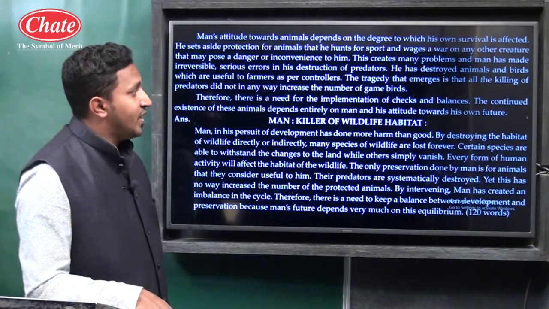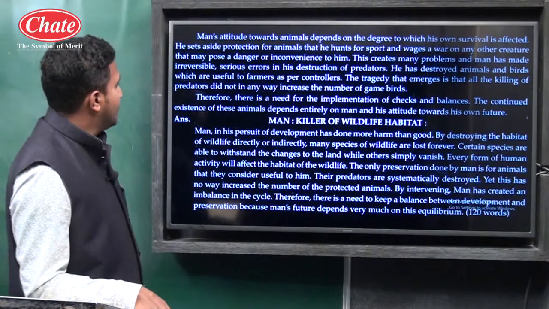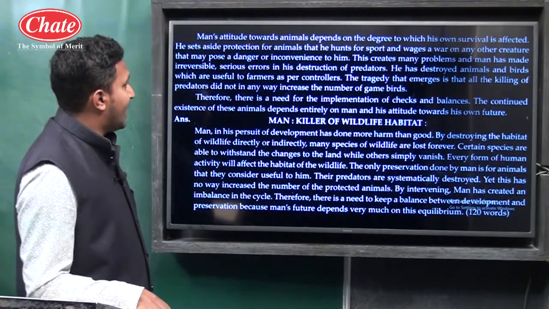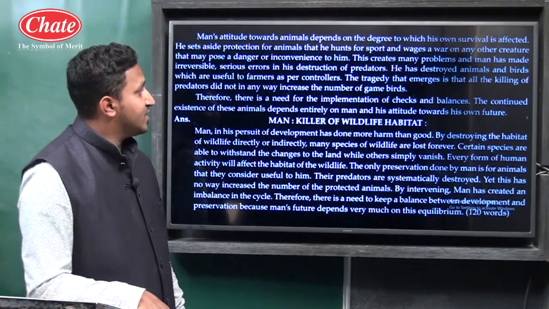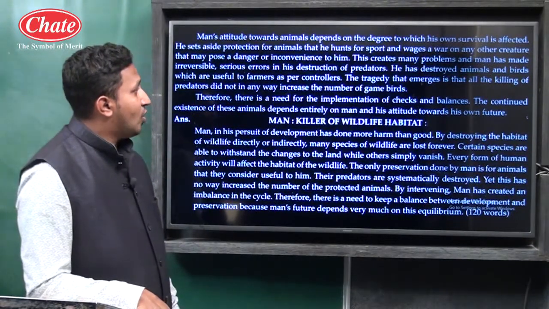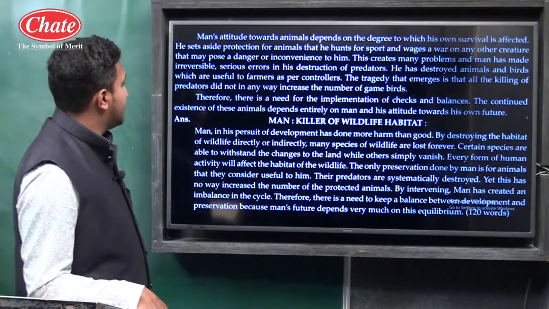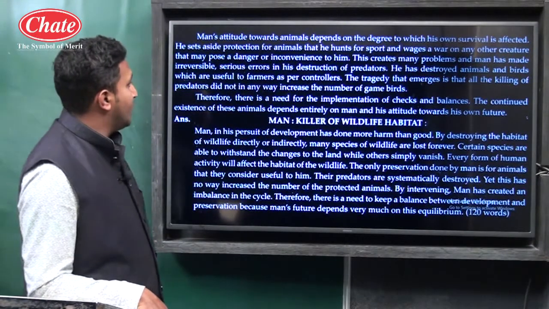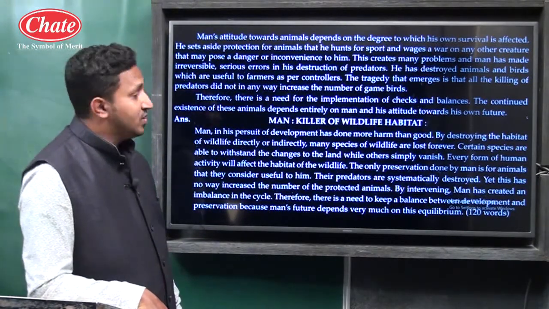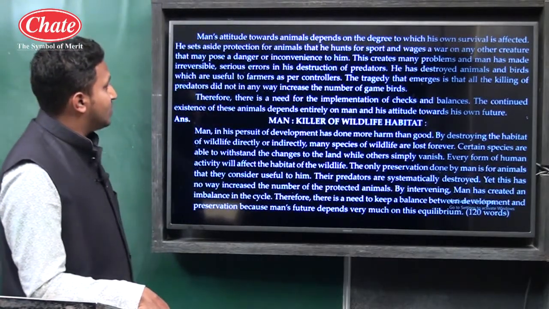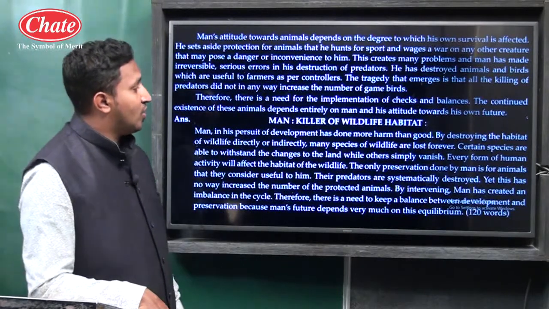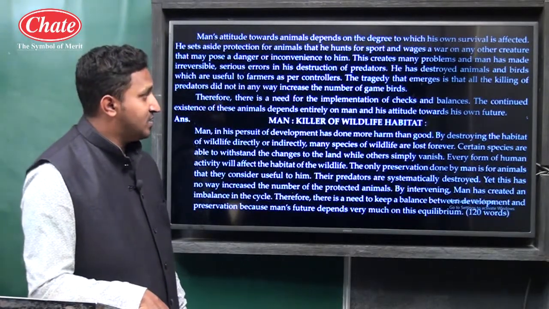He has destroyed animals and birds which are useful to farmers as pest controllers. The tragedy that emerges is that all the killing of predators did not in any way increase the number of game birds. Therefore, there is a need for the implementation of checks and balances.